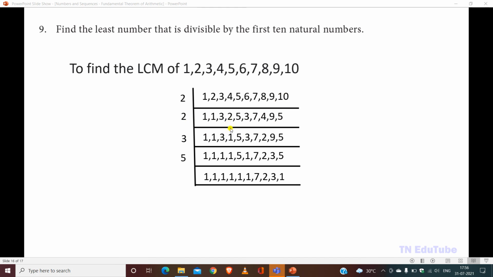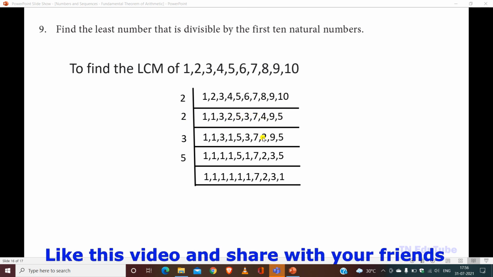Here 1, 2 is 2. Here 2 twos are 4. Again divisible by 3 means here it is 1. This 3 becomes 1 and 9 becomes 3. Again divisible by 5 means this 5 becomes 1 and this 5 also becomes 1.